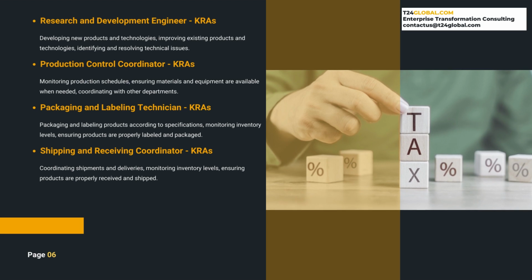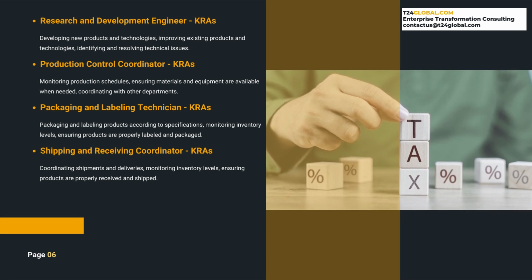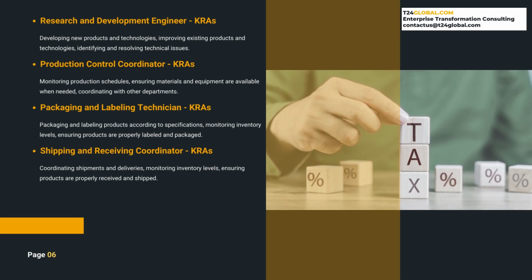Research and development engineer. The research and development engineer is responsible for developing new products and technologies, improving existing products and technologies, and identifying and resolving technical issues. KPIs for research and development engineers include number of patents filed, time to market for new products, and product quality.